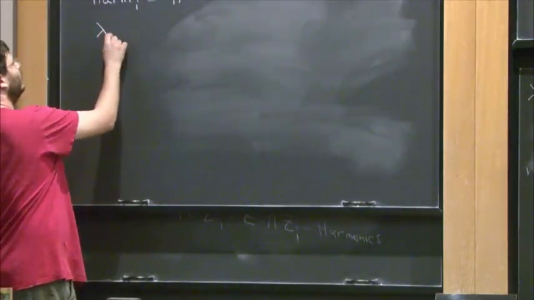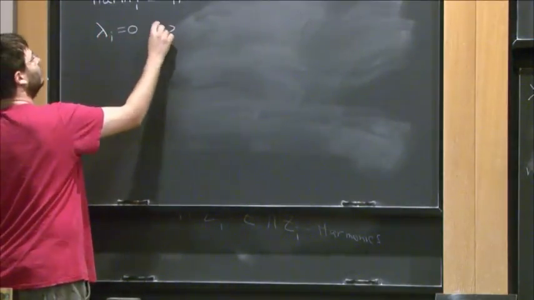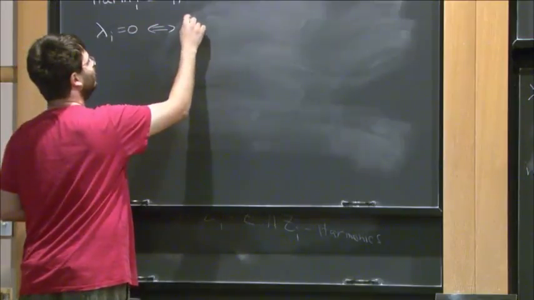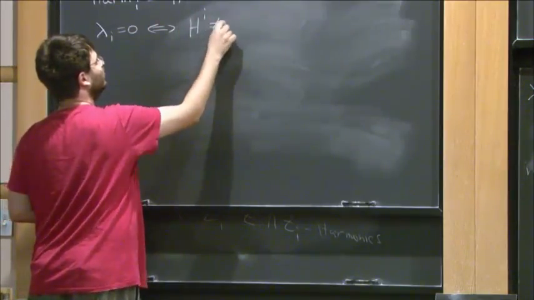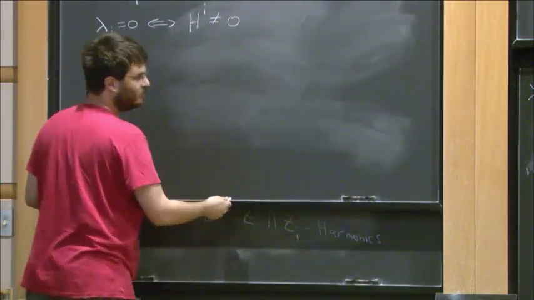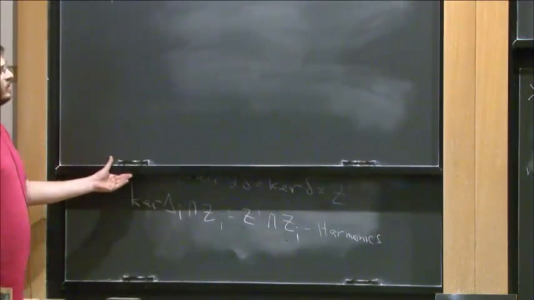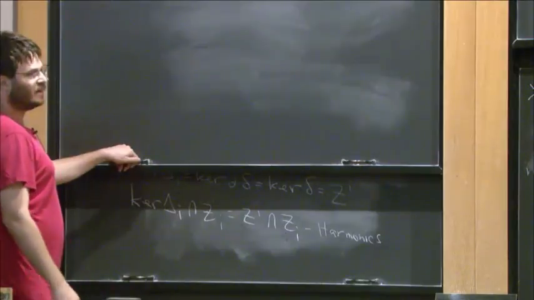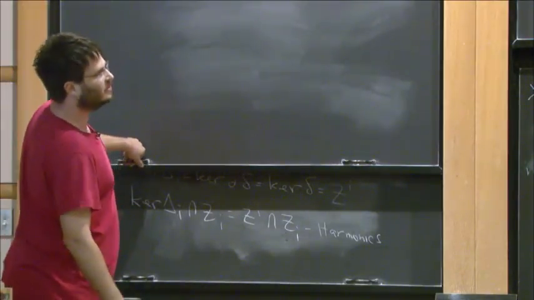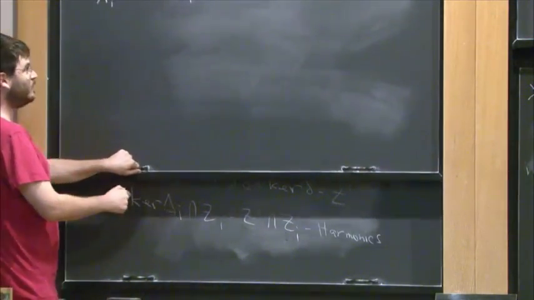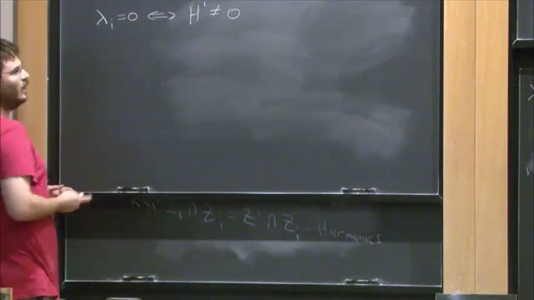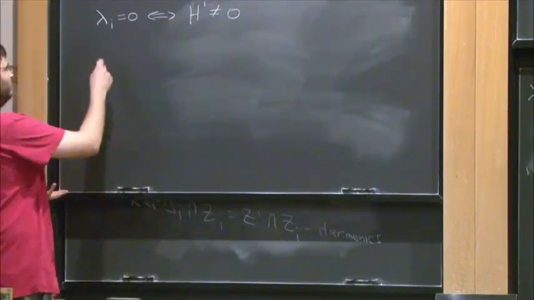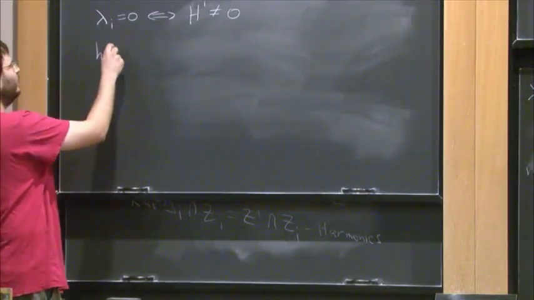In particular, lambda_i is 0, again, if and only if we have non-trivial cohomology. So this was Eckmann's motivation, and we want to do combinatorial stuff with it. And it turns out you can do a lot of things. It's not clear how much.